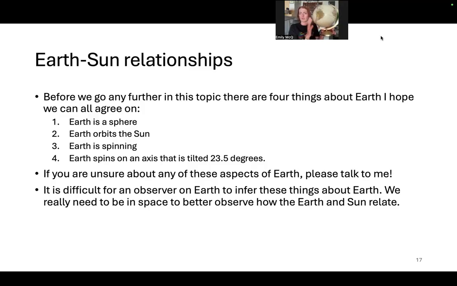Maybe you're like, well, that's a weird way to have an Earth sit, but it is an accurate representation of the fact that the Earth actually spins on a 23.5-degree tilt. This is important, and it's also really important when we get to the cryosphere module, especially when talking about weather.